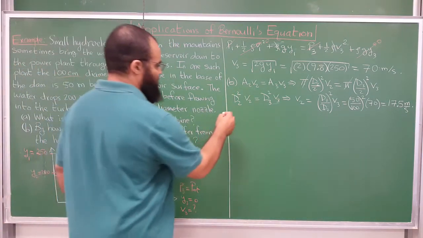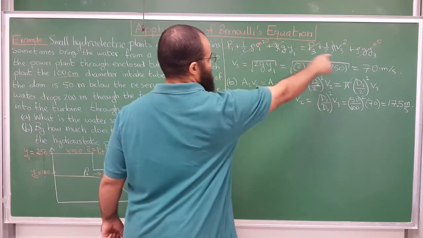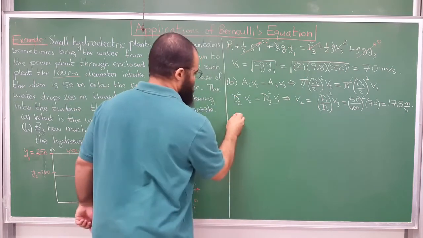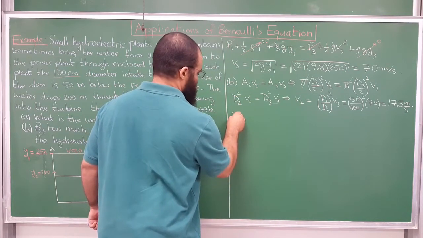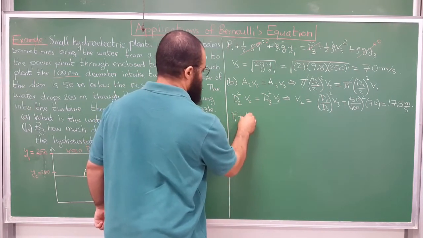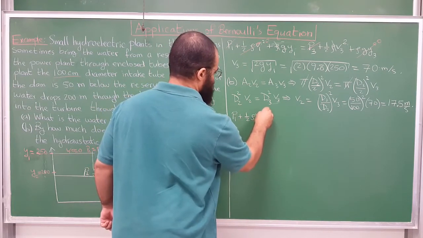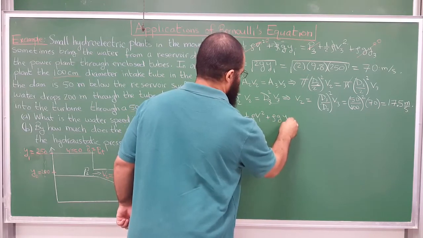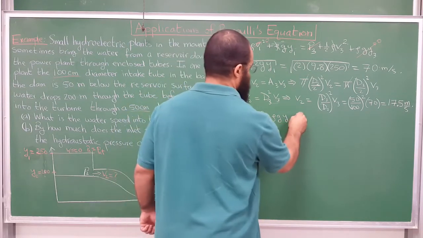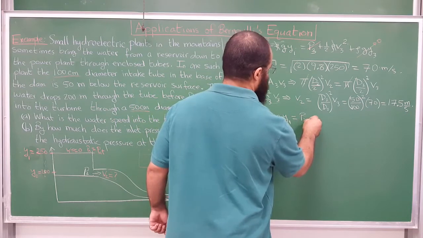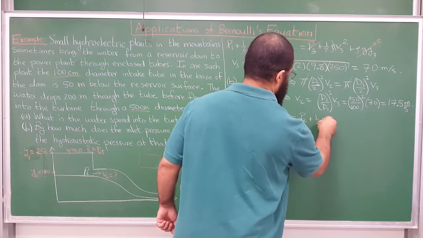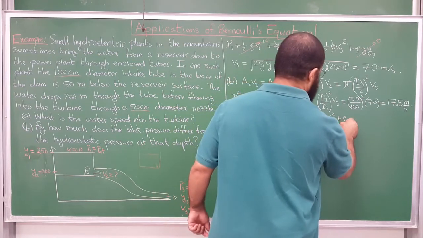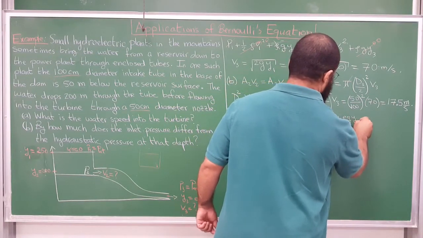We will apply this same equation, but here, this will be point 1, this will be point 2. So we'll get P1 plus 1/2 rho V1 squared plus rho g Y1 will equal P2 plus 1/2 rho V2 squared plus rho g Y2.